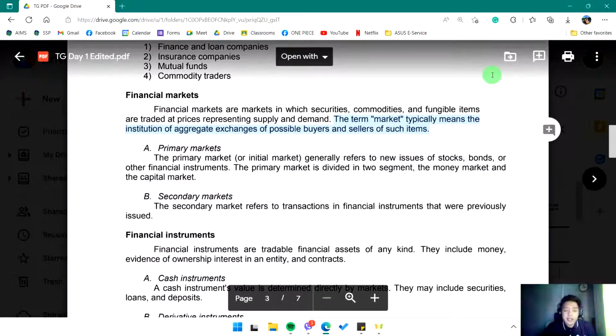So generally, when we say market in this particular topic, ang pinag-usapan natin dito is yung kabuuan na share ng mga buyers and sellers natin. Kung gaano kadami yung number of buyers, kung gaano kadami yung number of sellers, kung sino yung mga pwede nating identify na buyers, kung sino yung mga pwede nating identify na sellers, and so on and so forth. Alright?